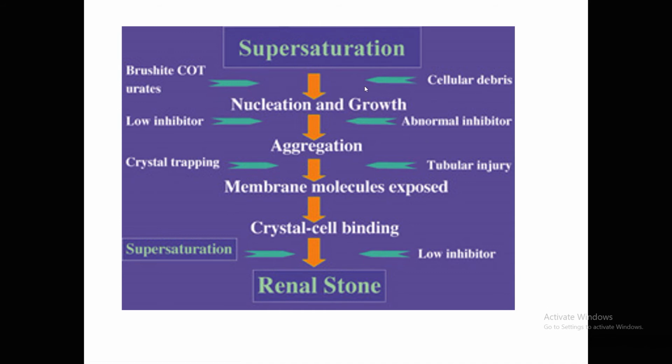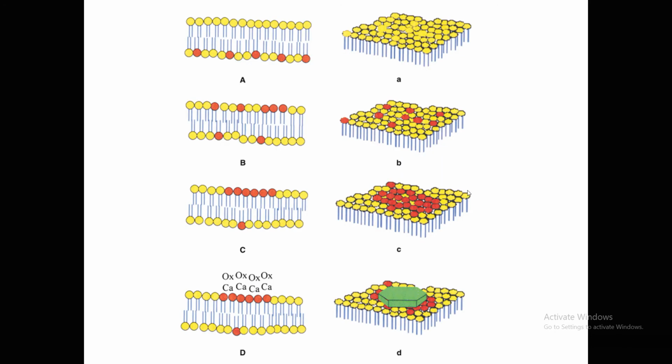This slide shows the supersaturation, the nucleation, aggregation, finally renal stone formation because of the supersaturation, and especially on some occasions low inhibitor levels may contribute. Any damage to the tubular cells disturbing the polarity, as shown here, will strongly contribute to the nucleation and formation of stones.